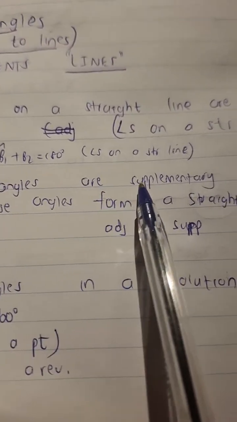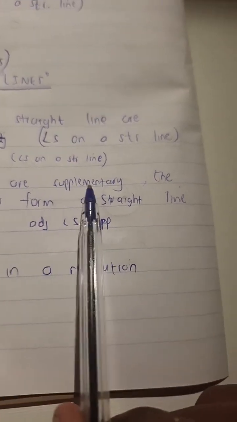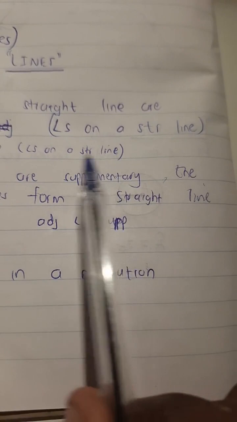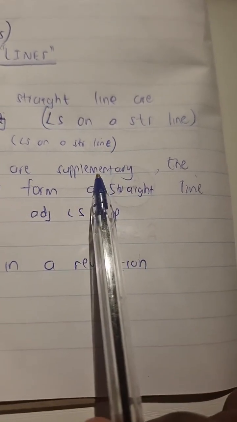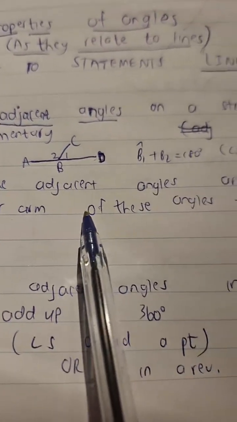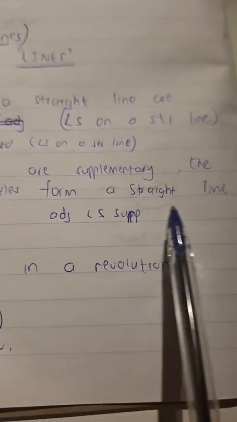If the adjacent angles are supplementary, let's say the angles lying on a particular line add up to 180, then what that means is that the outer arms of those angles form a straight line.